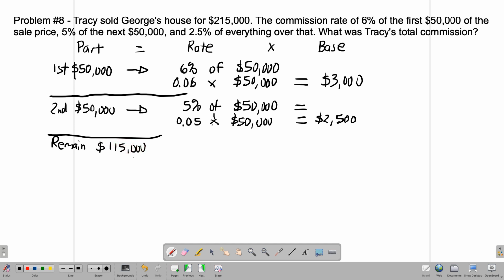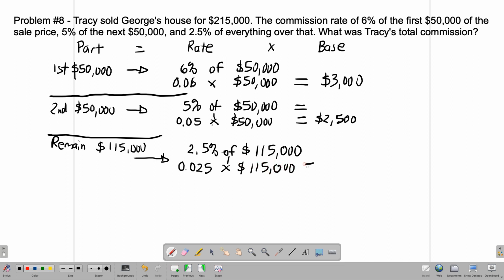Okay, so what we want to show is that 2.5% of what remains, 115,000. So we'll break this down. 2.5 divided by 100 will produce 0.025. The of is multiplication. And of course, the value is 115,000.